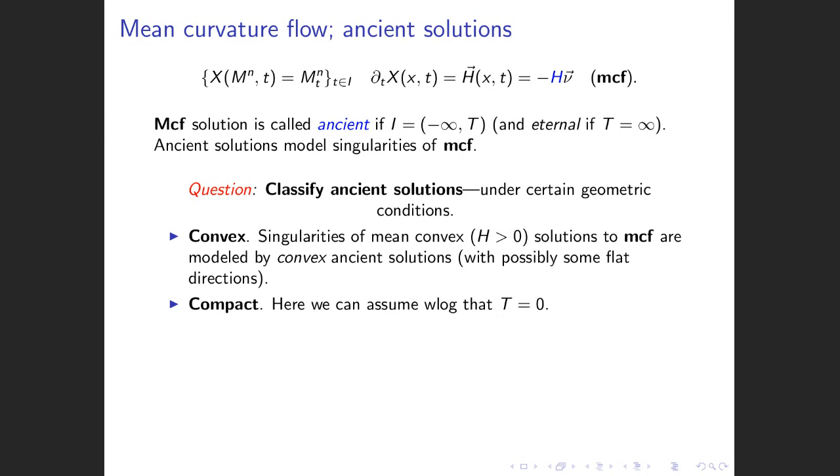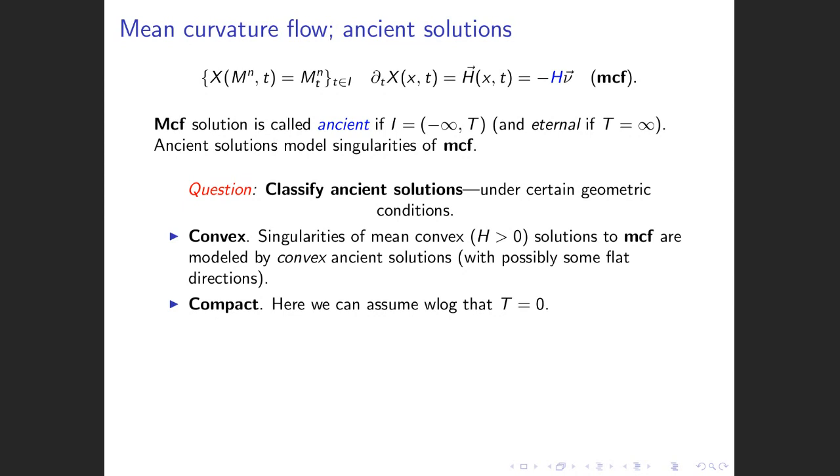A first condition that is very common to impose is convexity. This comes from the fact that singularities of mean convex solutions to mean curvature flow are modeled by convex ancient solutions. It might sound very restrictive, but in fact, if you just look at mean convex mean curvature flow, all the singularities will be convex.